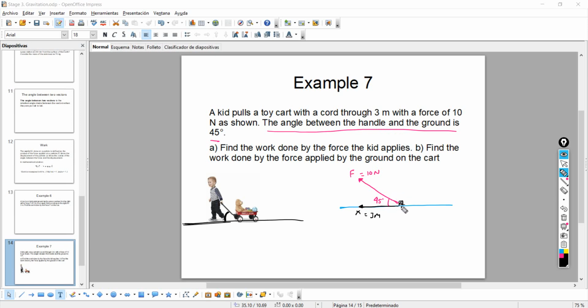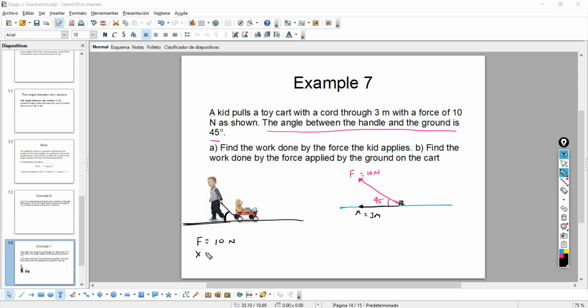Okay, so we have the particle, we have the force that is being applied on the particle, we have the displacement of the particle, and basically, if you notice, guys, we already have the angle between the force and the displacement, which is 45 degrees. Can you see? So we have all the ingredients. We have F, which is 10 newtons.